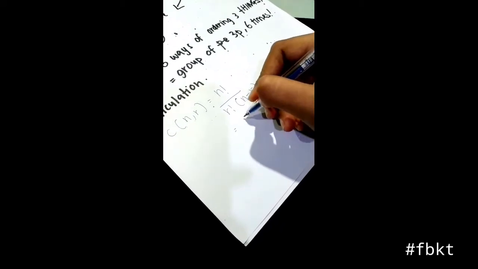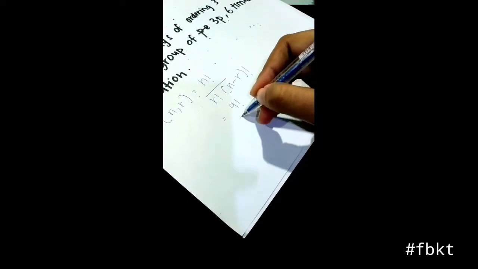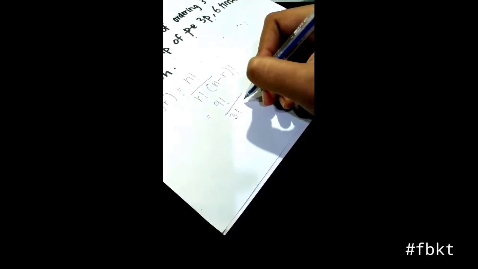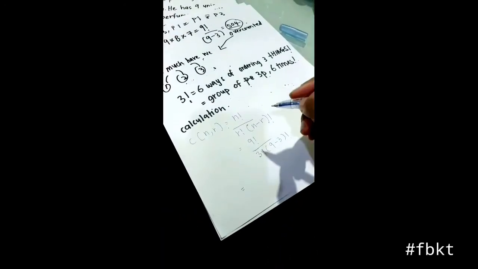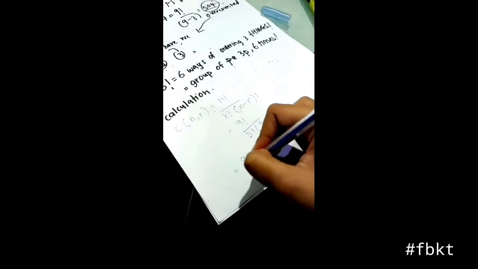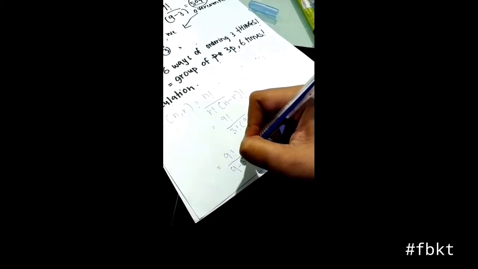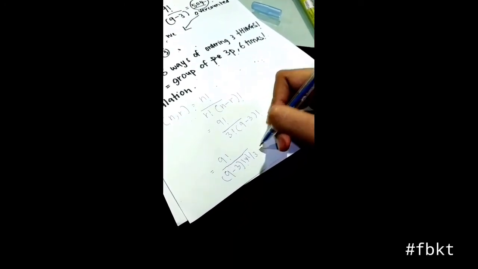Next, we insert the numbers: 9 factorial over 3 factorial times (9 minus 3) factorial. So 9 factorial over (9 minus 3) factorial times 1 over 3 factorial is the number of groups of perfume Sanjay can bring.